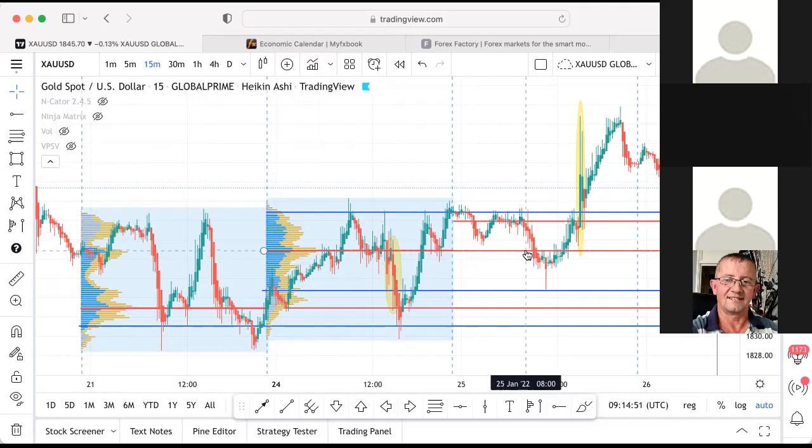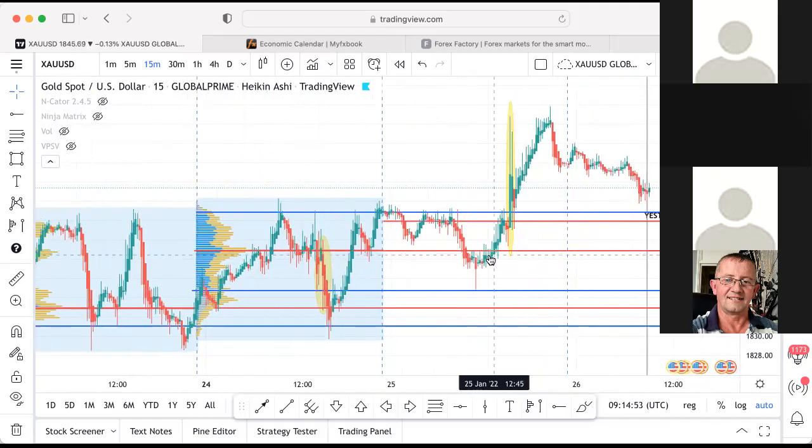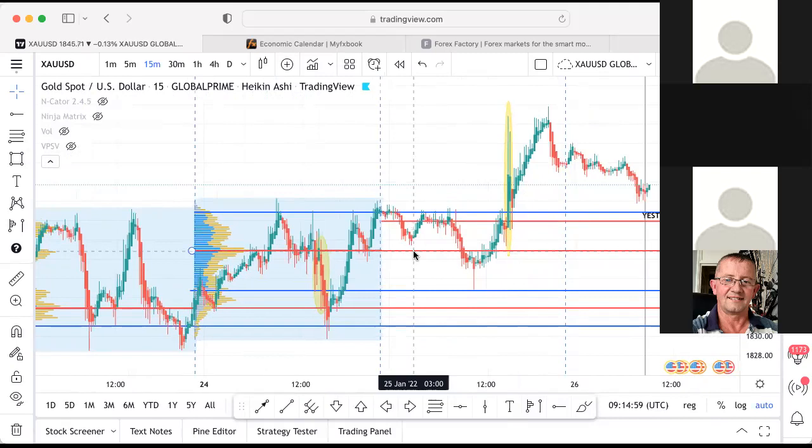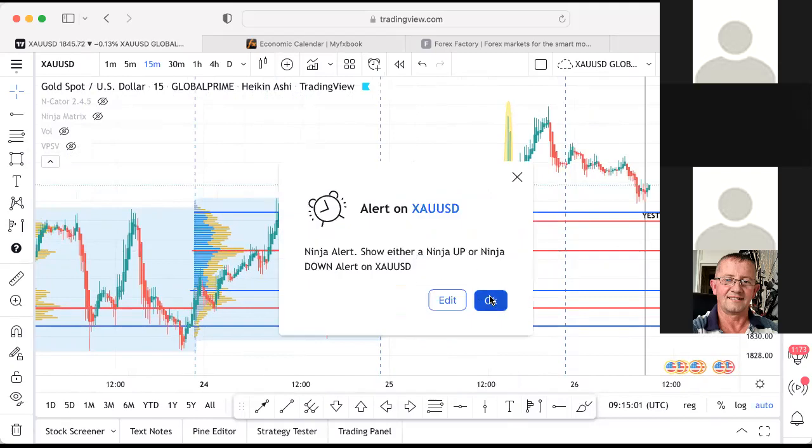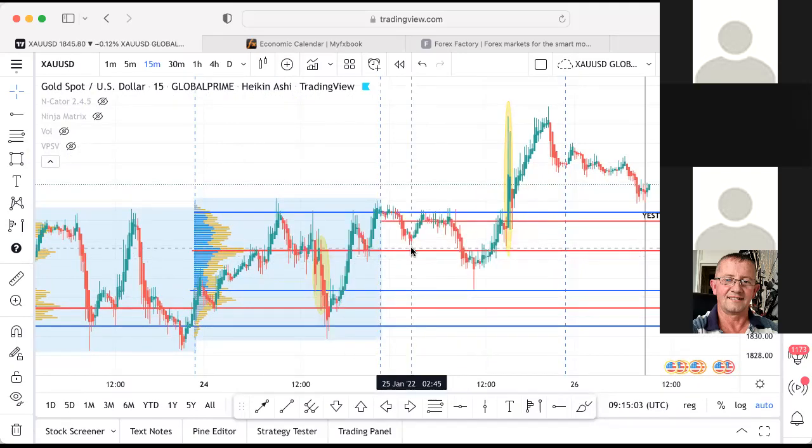So looking at trades on Tuesday, again, we nearly came down to the point of control at sort of 2:45 in the morning, but there was another opportunity later in that morning. Price came down to the point of control.